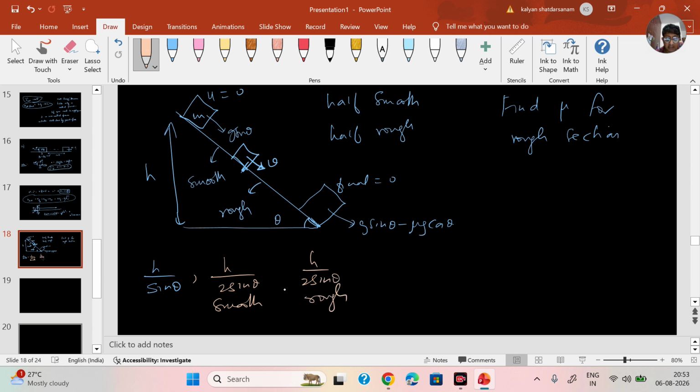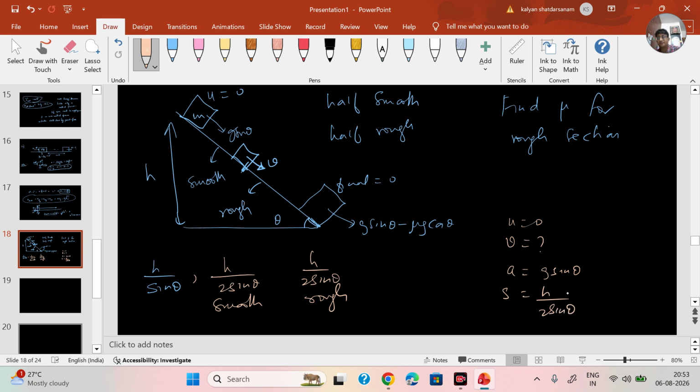So first, h by 2 sine theta smooth, u is 0. Let's get the v by the time it reaches the boundary of smooth and rough. Acceleration is g sine theta. Displacement is h by 2 sine theta.